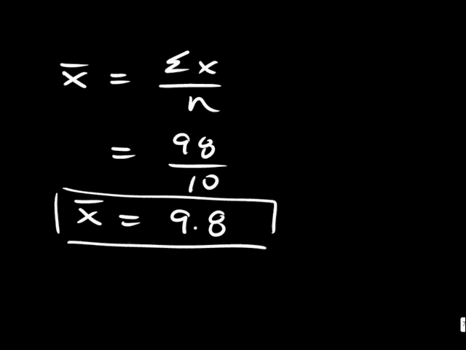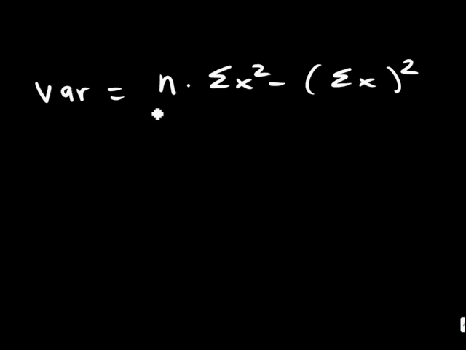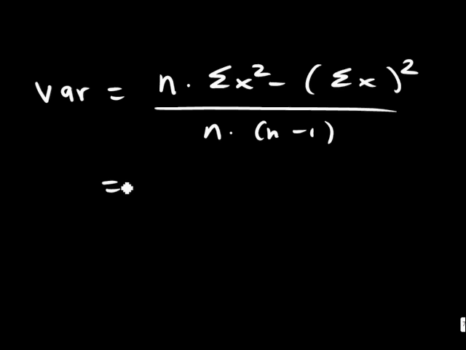But notice what we need is a sample variance. So the sample variance by the shortcut formula, n times sum x squared minus sum x in parentheses squared over n times n minus 1, is 10 times 1034 minus 98 squared over 10 times 9.